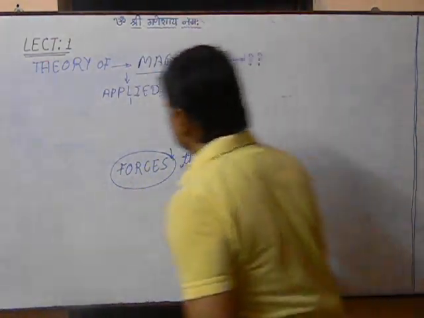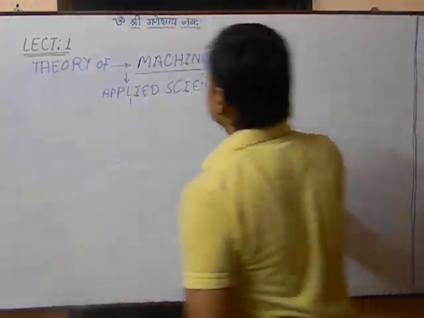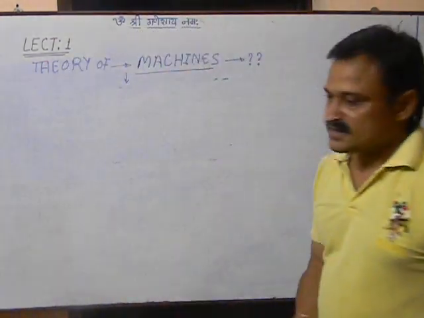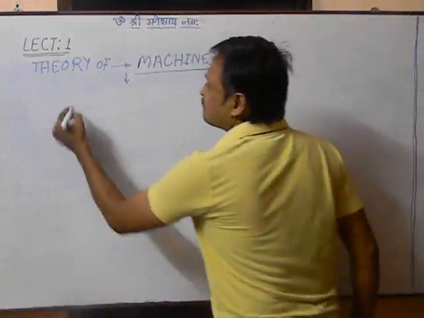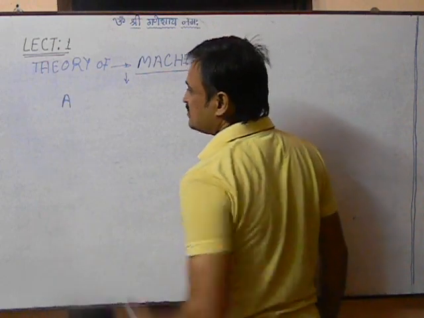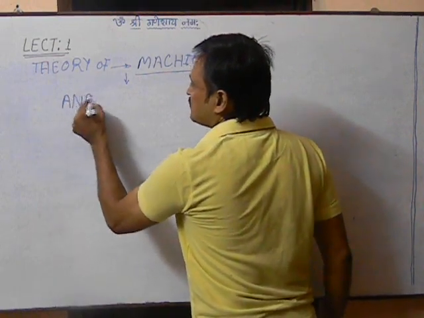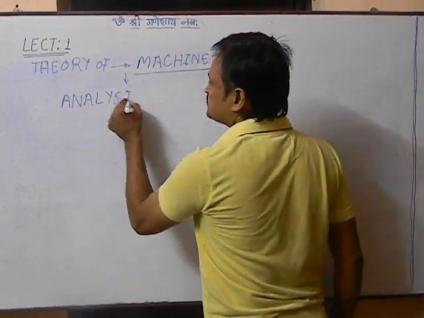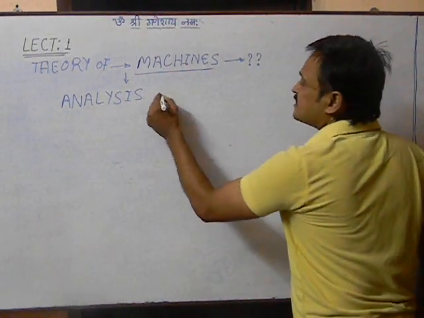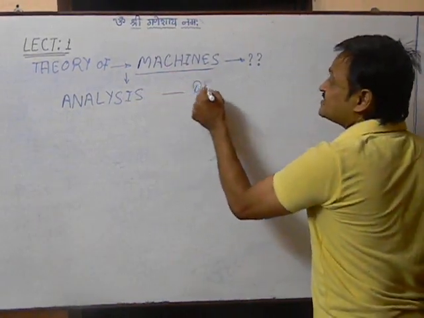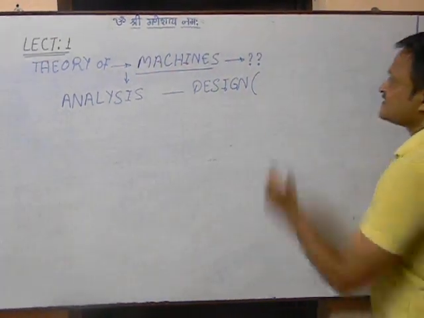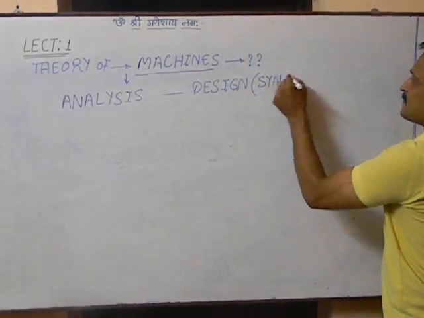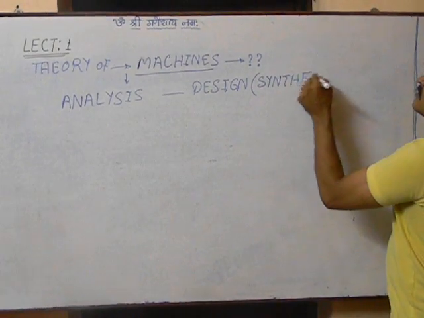Now there have to be certain aspects of study. The main important aspects of the study of theory of machines will be one, the analysis, and the other is design, or I can say the synthesis of a machine.